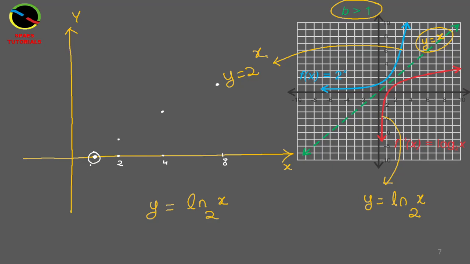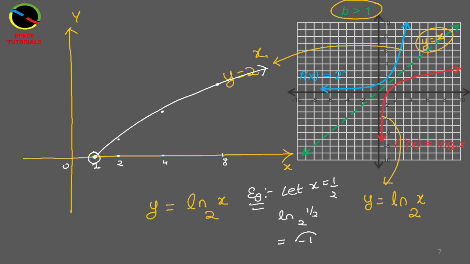So one thing we understood, that the graph is going to proceed in this way. What about the values between 0 and 1? Yes, sir, when you put a value less than 1, for example let x be equal to half, you will be getting log half base 2, which is nothing but -1.